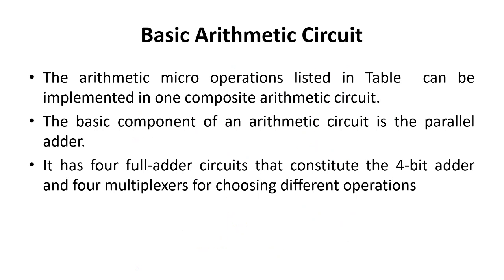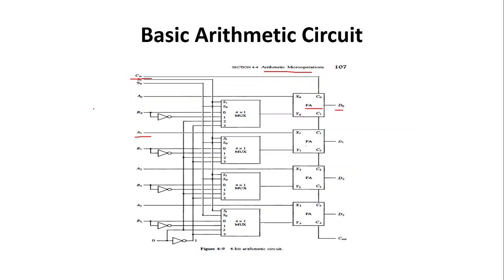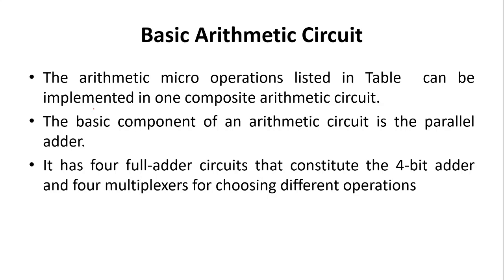The arithmetic micro operations listed in the table can be implemented with one arithmetic circuit as shown in this figure. The basic component of the arithmetic circuit is the parallel adder. It has four adder circuits that constitute the 4-bit adder, and four multiplexers, as I have discussed, for choosing different operations.